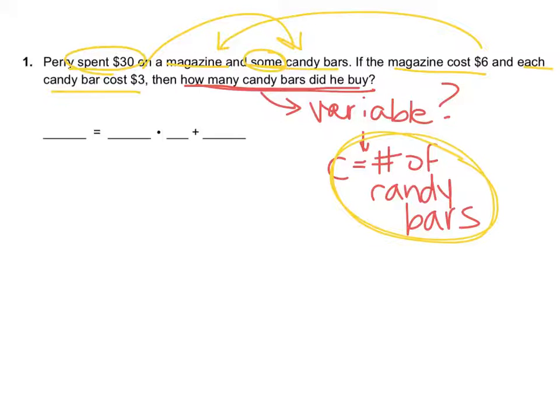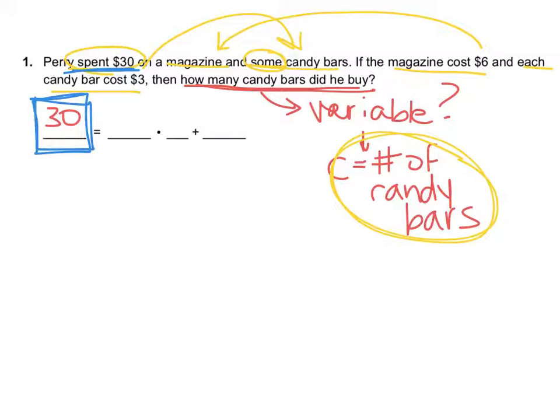The next thing to think about is what is our total? Whatever our equation is equal to is going to be by itself on one side of the equal sign. He spent a total of $30, so that $30 is going to be by itself on one side of the equal sign.